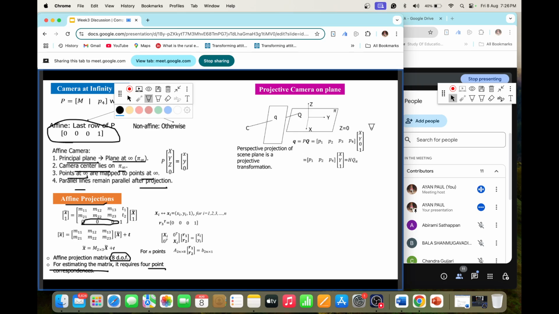So the z will be 0, and our point will be x, y, 0, 1, where 1 is for scaling. And this is your projection matrix.